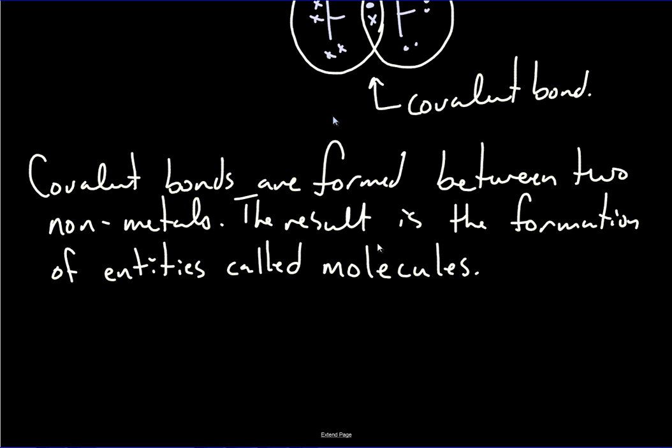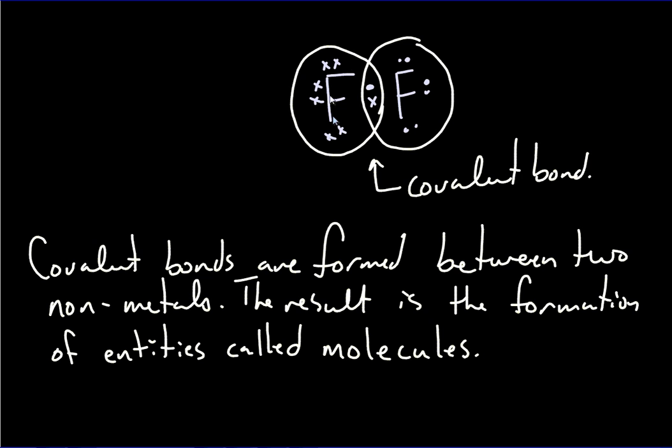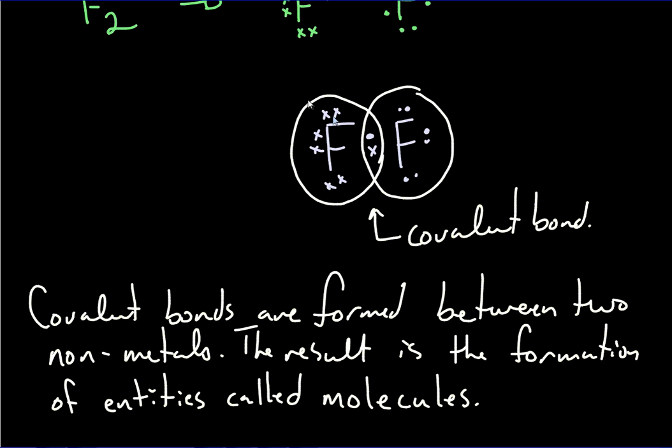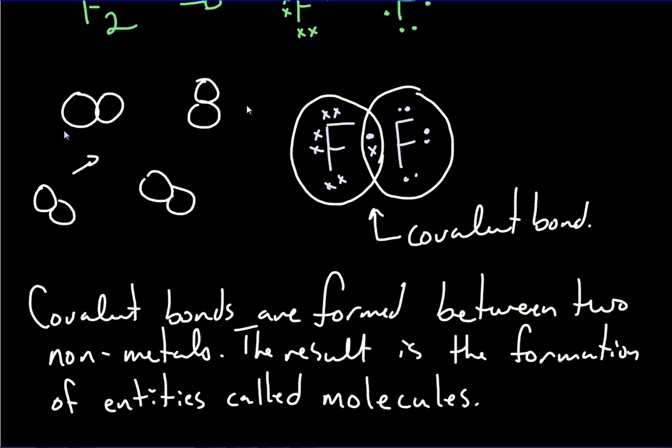So if we just scroll back up here, if we have a whole bunch of F2, a whole bunch of fluorine gas, basically it consists of a whole bunch of little individual chunks that sort of zip around and are more or less independent of one another, at least in the gas phase. Okay, so chlorine is a gas.